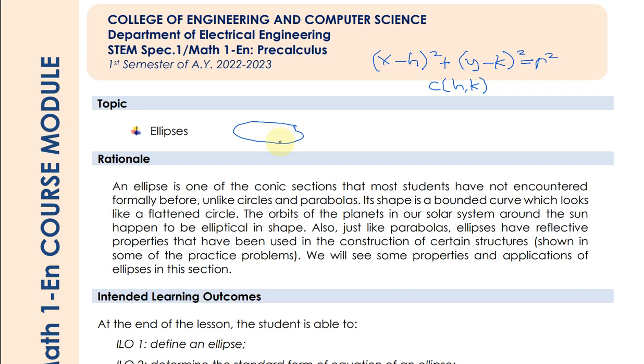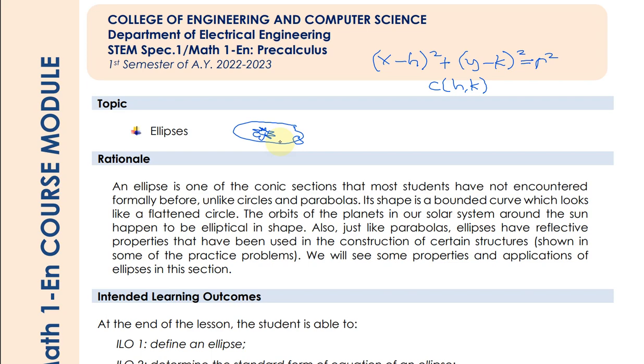The parabola is open. The orbits of the planets in our solar system around the sun happen to be elliptical in shape. So if this is the sun, the planet's orbit in its revolution around the sun is in elliptical shape.